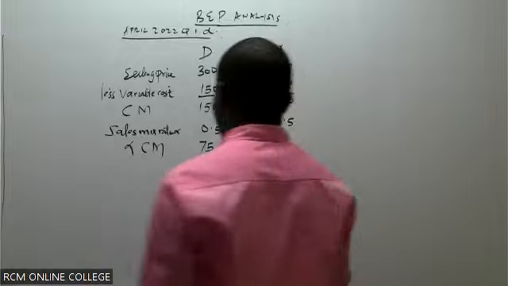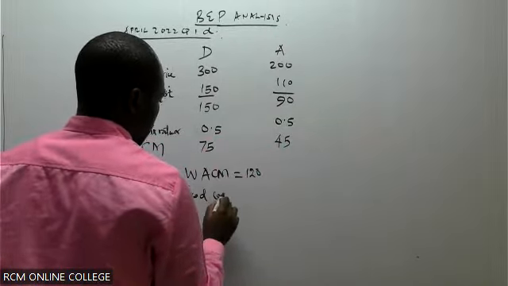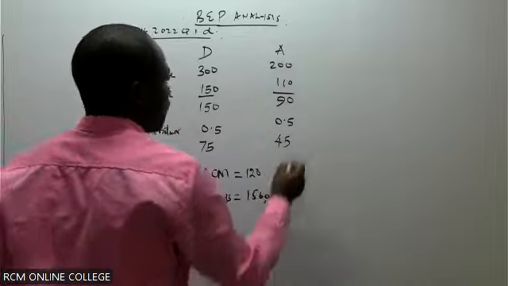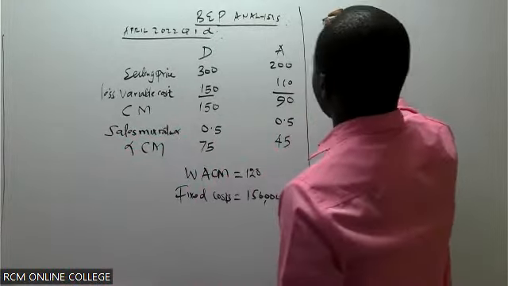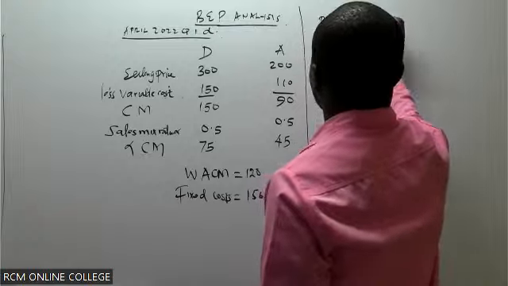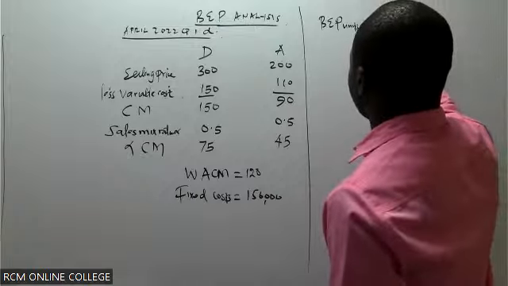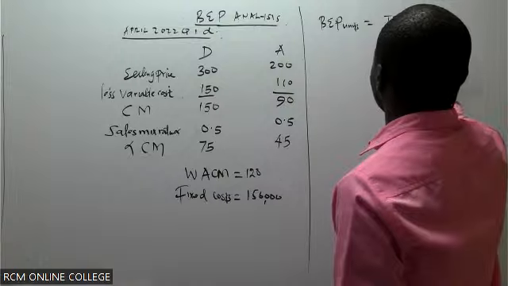120. Let us not forget our total fixed cost, which does not change. Our total fixed cost, which does not change, was equivalent to 156,000, I think so, if I'm not wrong. Good. So please go ahead and give me the break-even point in units. The break-even point in units will be total fixed cost divided by weighted average contribution margin.